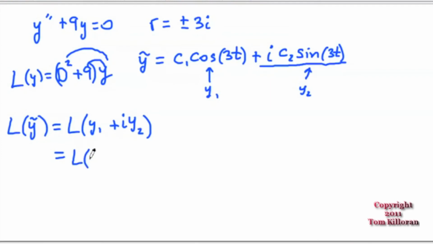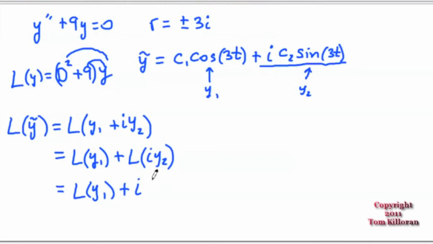So you get the linear operator on y1 plus the linear operator on I, y sub 2. It separates over addition, and also constants can pull through. So I is just a constant, so I can pull it through, and you get the linear operator of y1 plus I times the linear operator on y2.